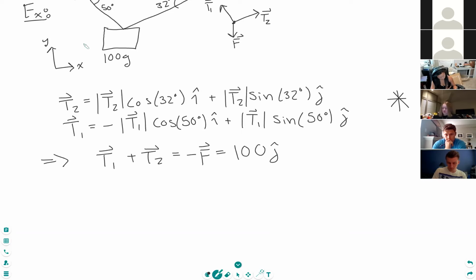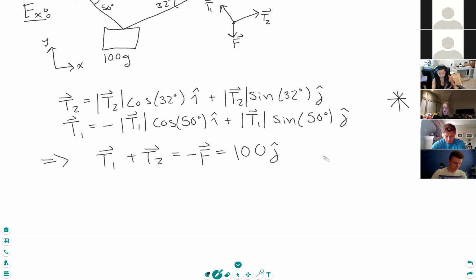Now, you would have to multiply our mass times our gravitational constant, but 100's a nice number, so let's just keep it like that. So notice that this is j hat, meaning that it's pointed, this should be a negative here. Oh, wait, no, that's fine, because this is pointed down and we have a negative out in front. So this is positive. So we have the positive 100 j.